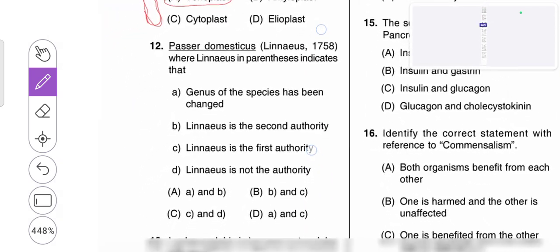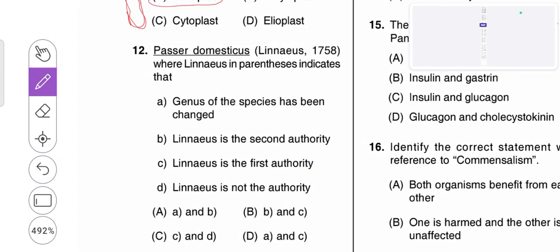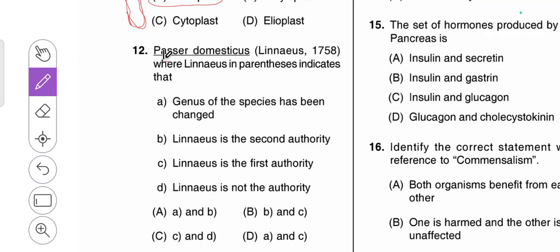Then the 12th one, Passer domesticus Linnaeus 1758, where Linnaeus in parenthesis indicates that the genus of the species has been changed.